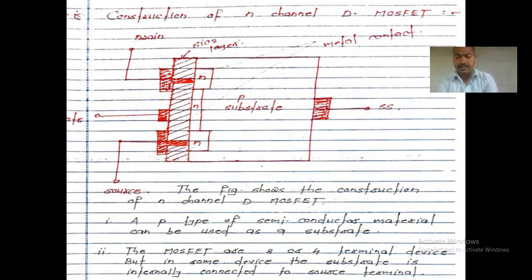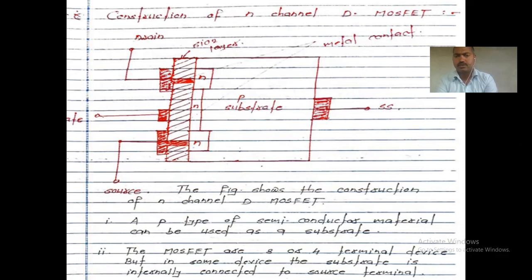See, this substrate terminal is internally connected to the source terminal of the MOSFET, right? Means the substrate terminal and source terminal are internally connected to each other. The drain, gate, and source terminals are connected to the internal part through a metal contact.